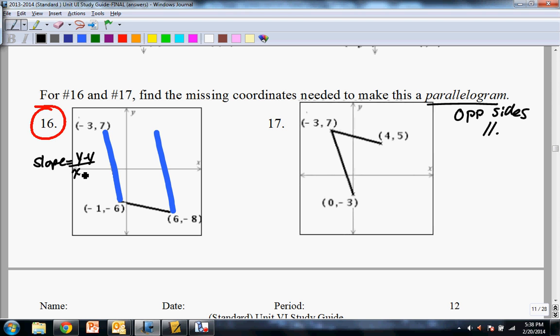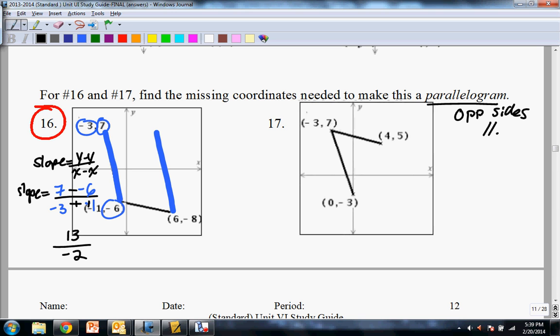Slope equals y minus y over x minus x. We make a template, and now we're going to plug our numbers in. That's 7, negative 6, negative 3, and negative 1. Double negative makes a positive, so I have 13 over negative 2.